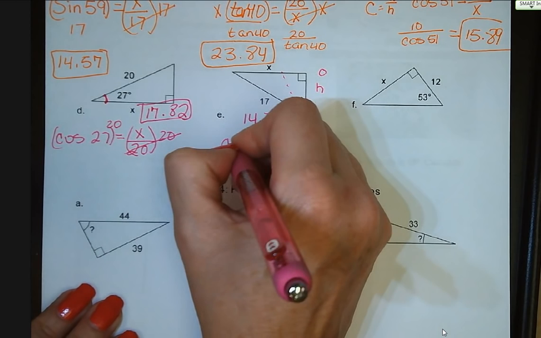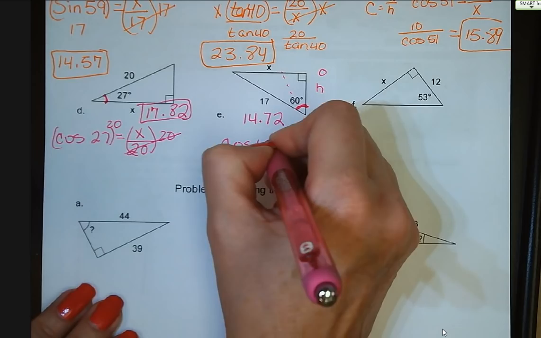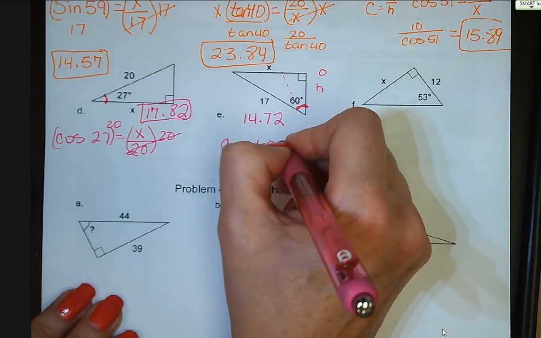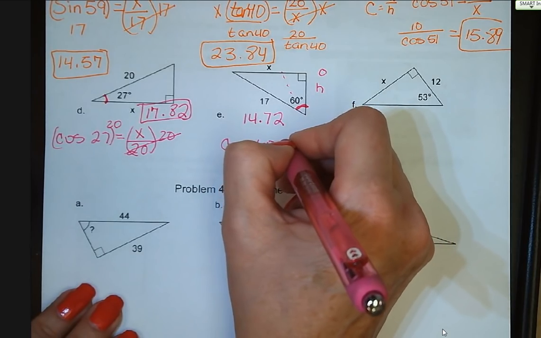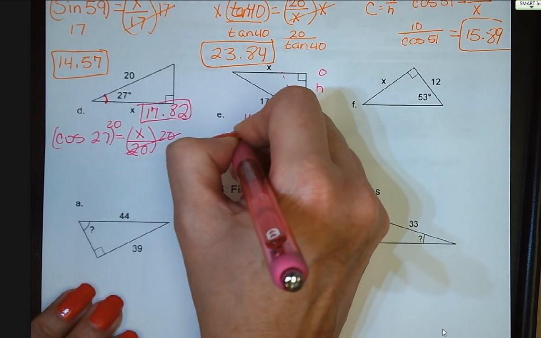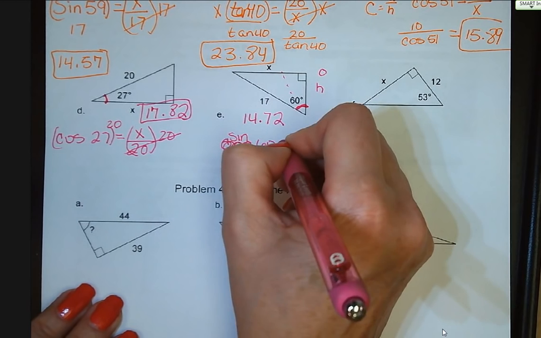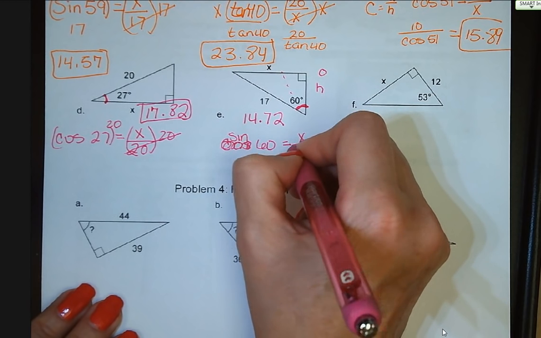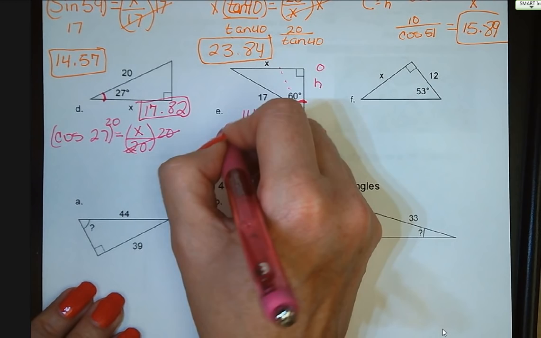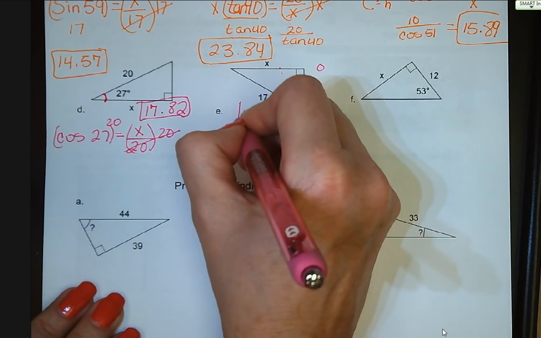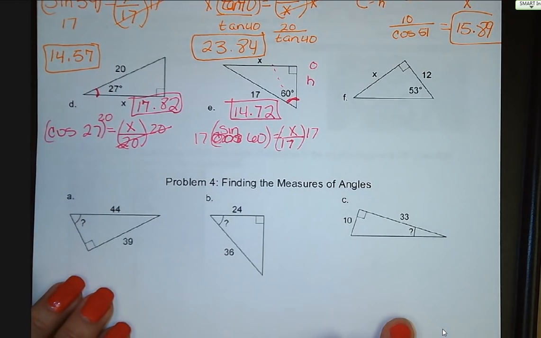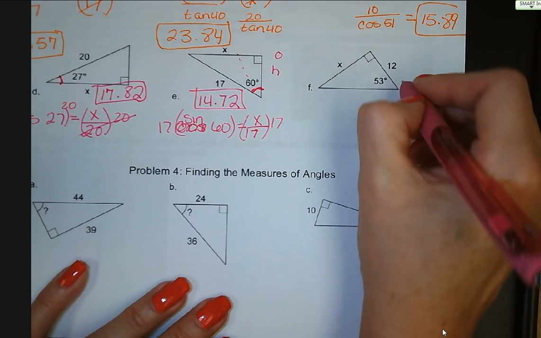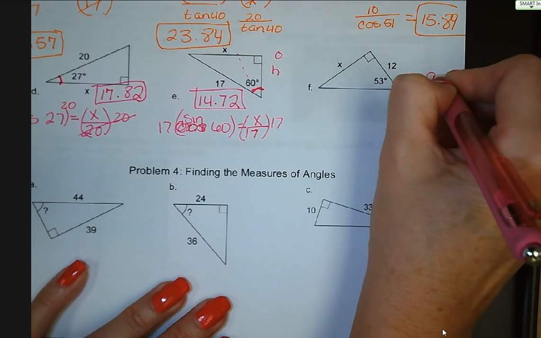So, sine of 60 is equal to x over 17. Multiply both sides by 17 and you get 14.72.